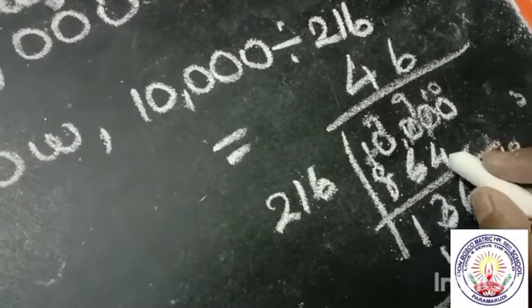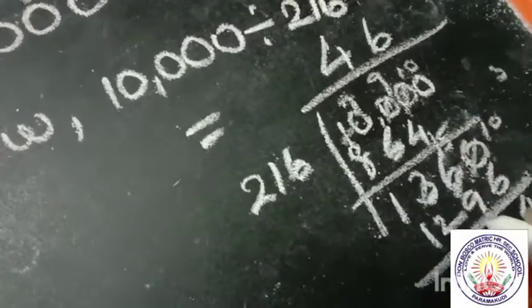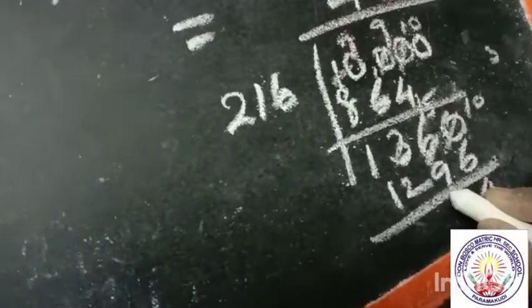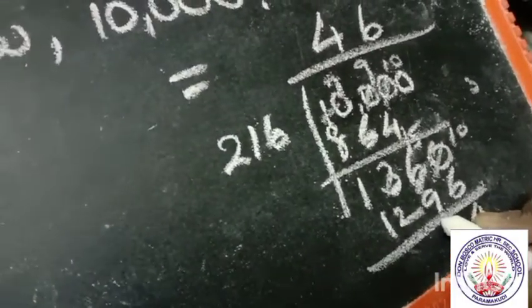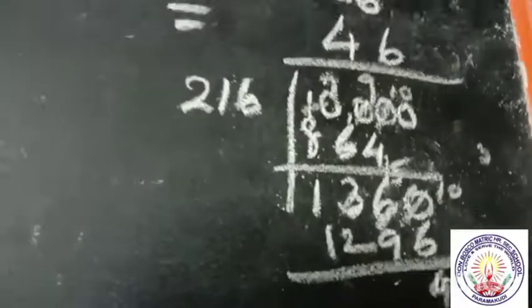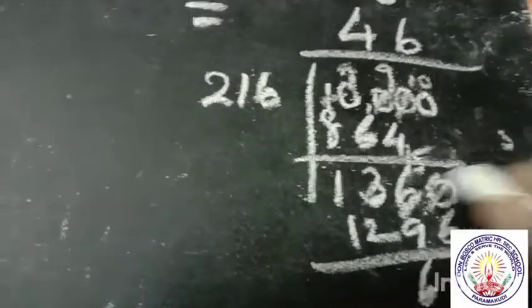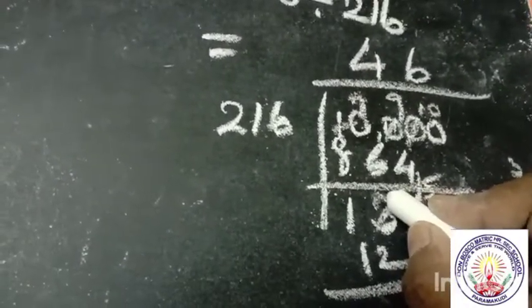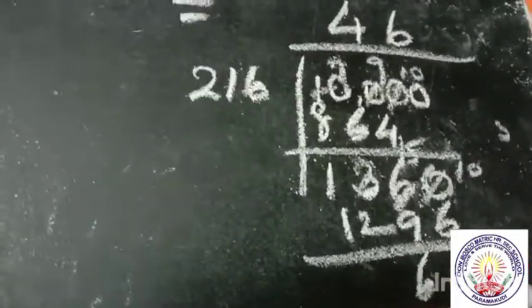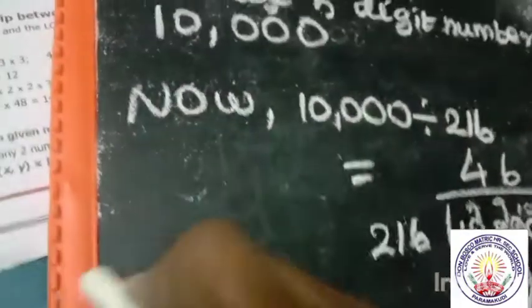Here we need borrow 15, 15 minus 9, 6. Remainder 2, 12 minus 12, 0, 64. What is the quotient?